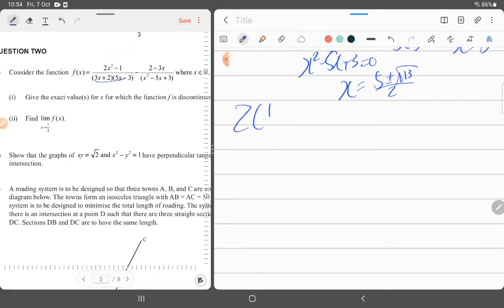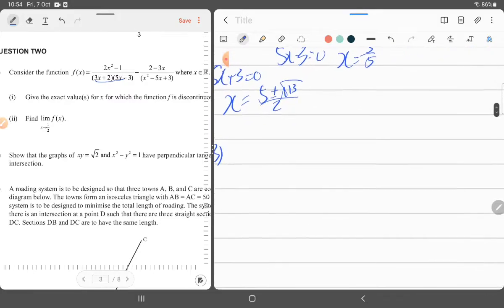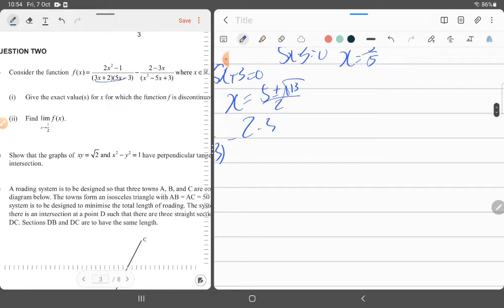So 2 brackets half squared, take away 1 over 3 half plus 2, 5 half, take away 3, take away 2, take away 3 half over half squared, take away 5 half plus 3.